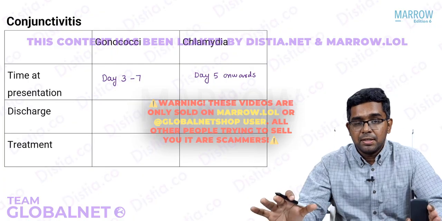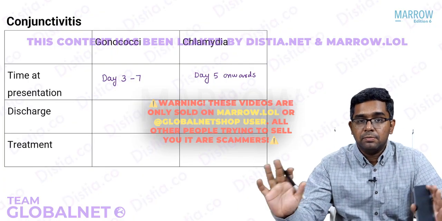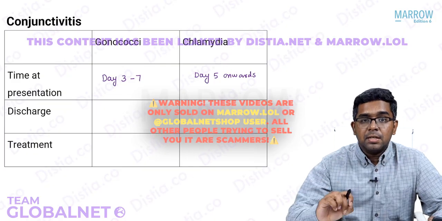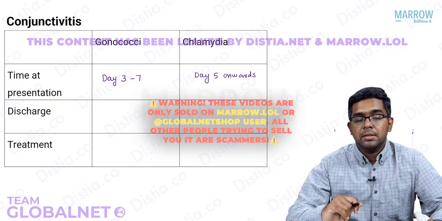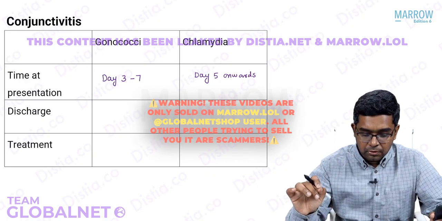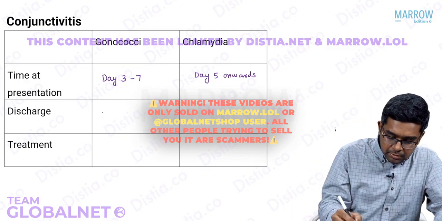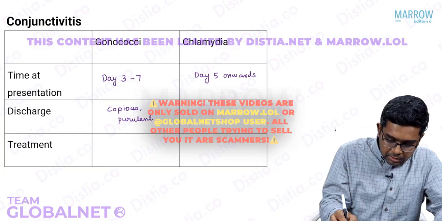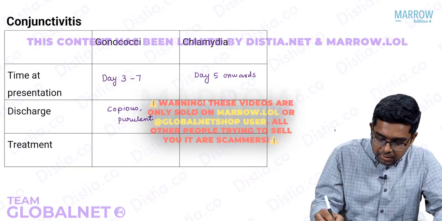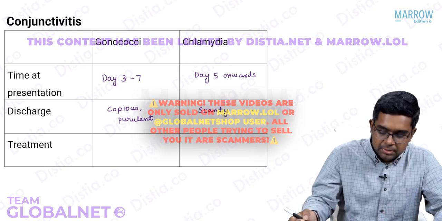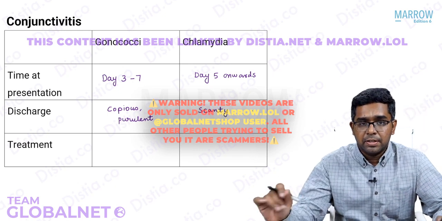Even though it's not strictly the second week, just remember second week onwards. Next is the presence of discharge. Definitely a lot of discharge is present in gonococcal infection; it is a copious and purulent discharge. Whereas in chlamydia conjunctivitis, only very scanty discharge is present.